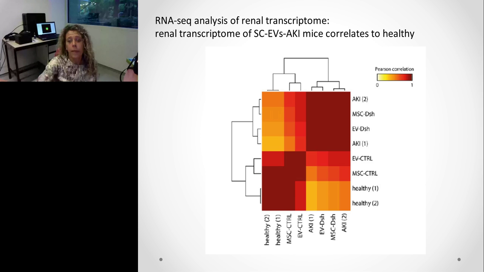At variance, the tissue of mice treated with control EVs was getting almost a similar transcriptome to that of healthy mice.